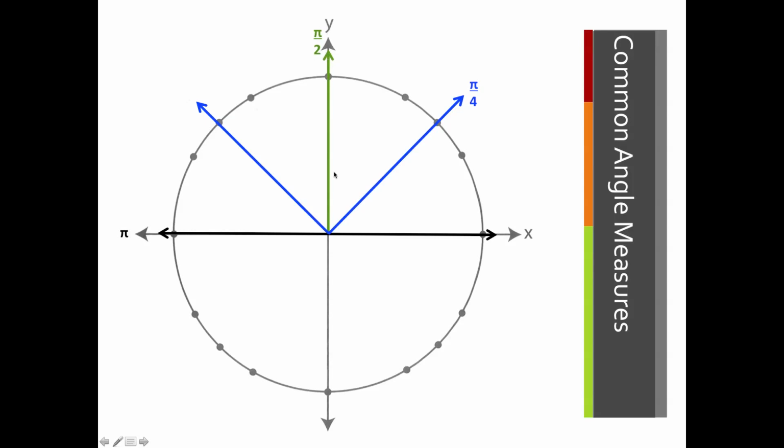So I don't need to relabel that ray. But then if I go another section, now I'm looking at 3/4 pi, or 3 pi over 4, and that's another one that I can label here. And then one more section would get me to 4/4 pi, or 4 pi over 4, and that simplifies just to the pi which I already have labeled.